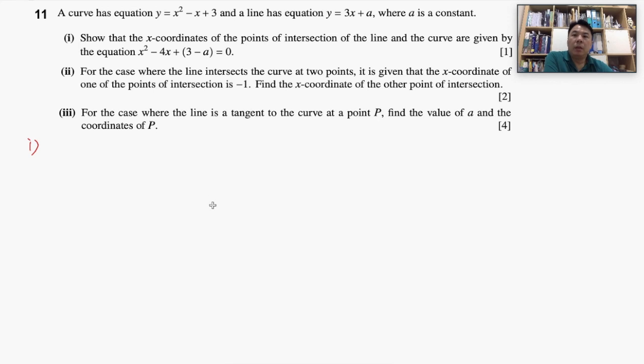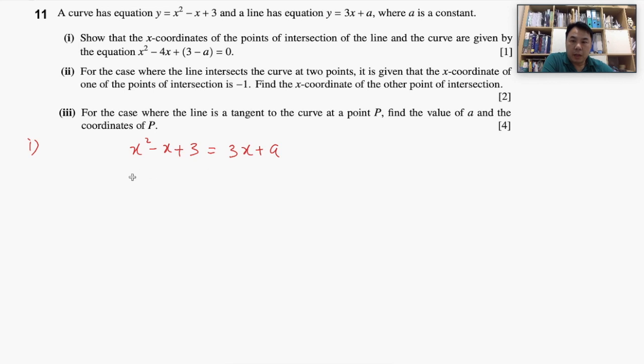Number 1. A curve is given by that expression and a straight line. Show that the coordinates of the points of intersection of the line and the curve are given by the equation here. Right. Now, since they are intersecting each other, therefore we can state that x squared minus this must be equal to this because they are intersecting.